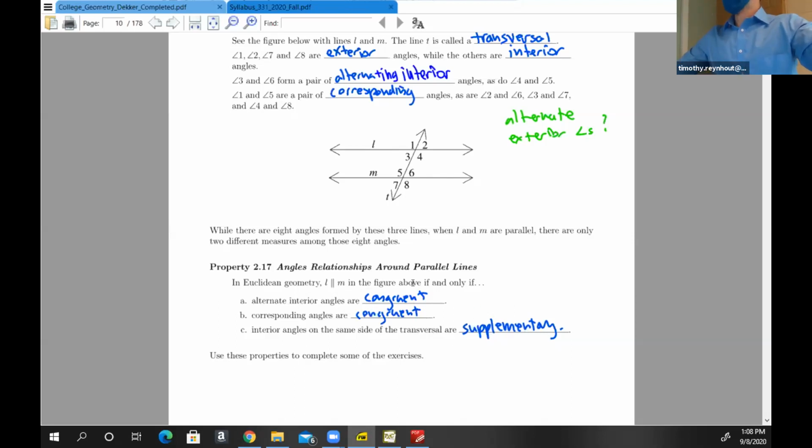So once you have one of these, no matter which one, you're able to show the remaining two. So to show that two lines are parallel, you only have to show that one of these three things is true.